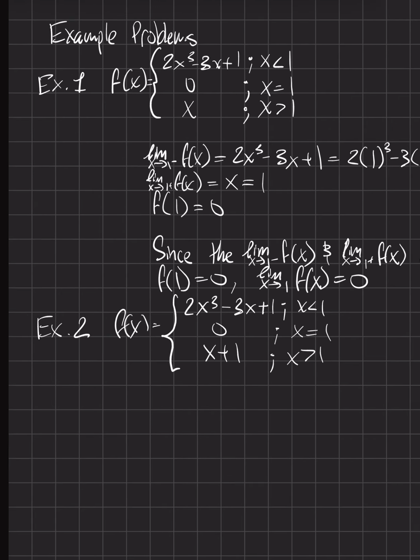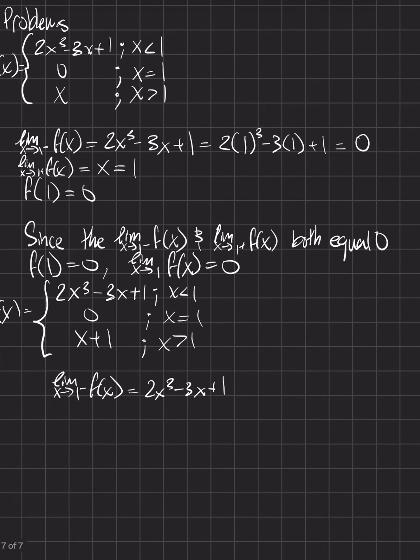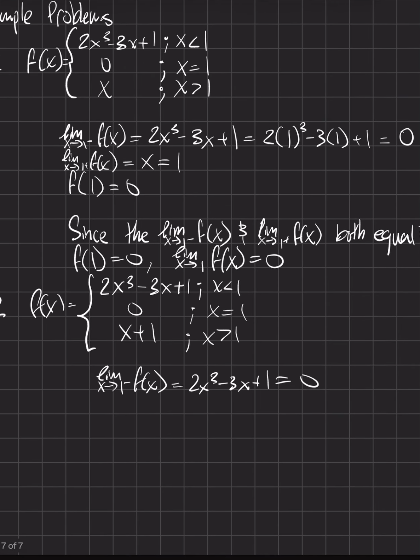So similarly, we're going to apply the same steps. We take the limit as x approaches 1 from negative infinity. When our function is less than 1, it's 2x cubed minus 3x plus 1. We just did that in the last problem, so we know that this is going to be 0.